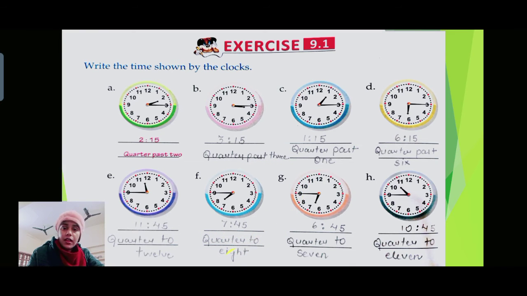Here it is 6:45. Here it is 10:45. Understood, children? So if the minute hand is on 3, use quarter past. If the minute hand is on 9, use quarter to. Now let's see what is on the next slide.